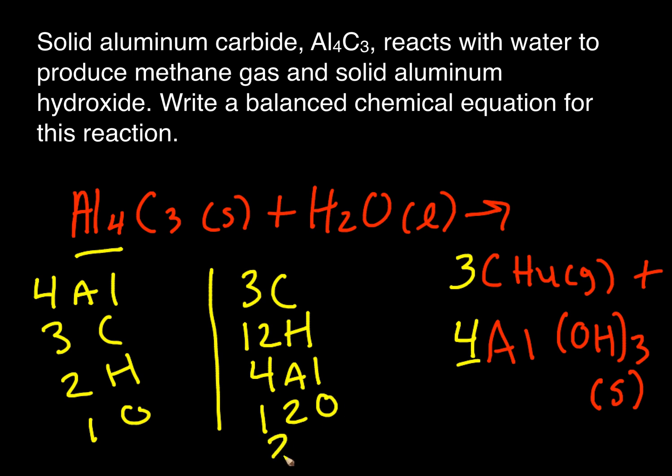Let's see. 3 times 1 is 3, so we have 12 more hydrogens. Together, I have 24 hydrogens.